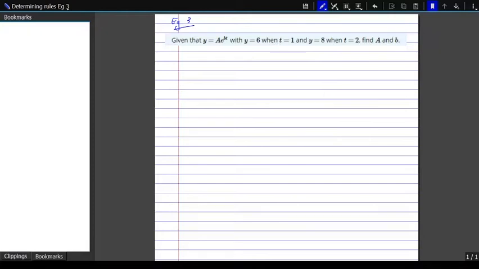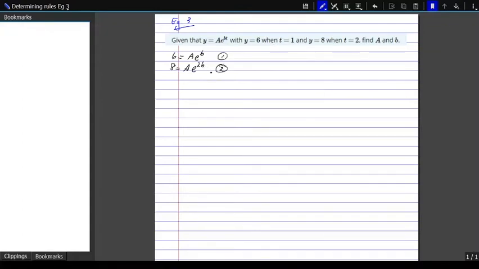So if we substitute those values, we've got 6 equals a e to the b times 1, so that'll be just a e to the power of b, and that's one equation that we have. Second equation is 8 equals a e to the 2b.